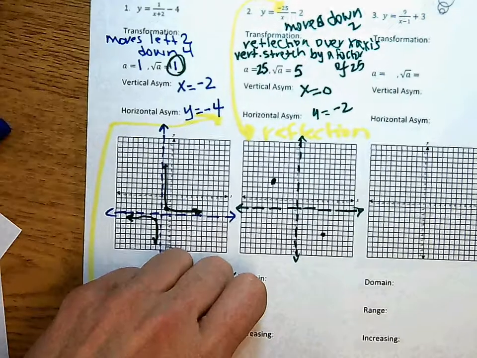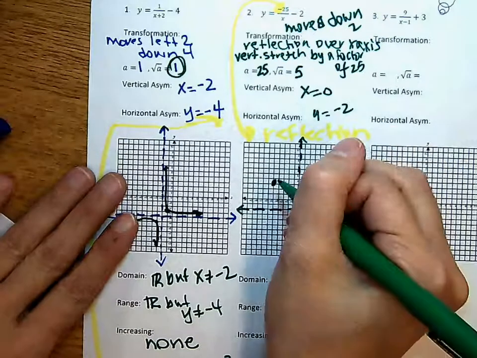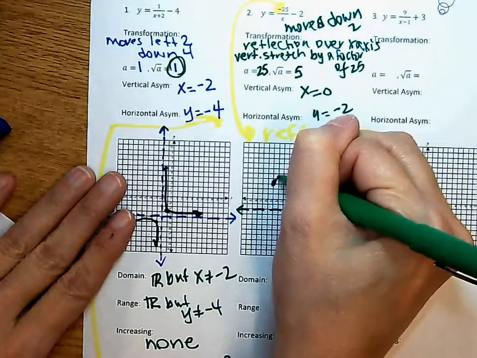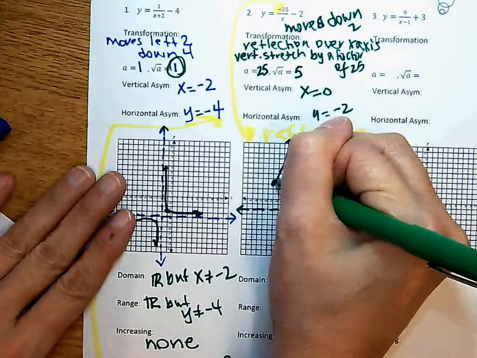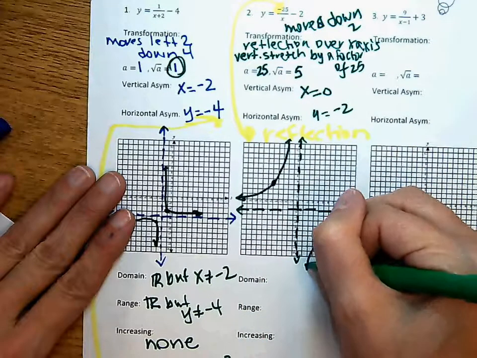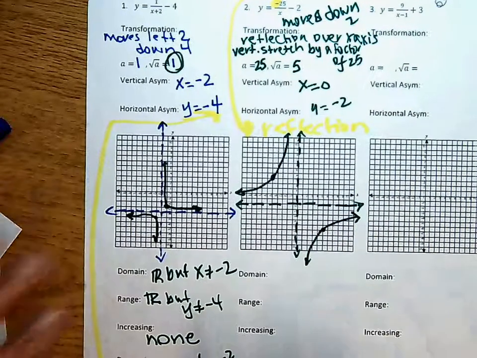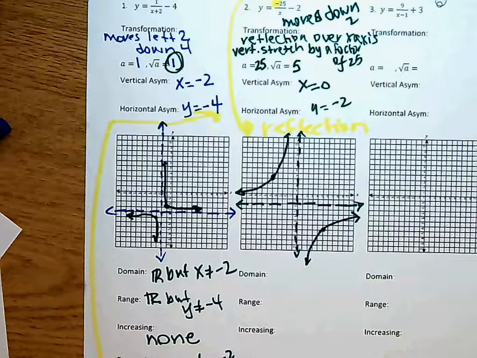And there's that one. Now you're going to draw your smooth curve. So it's going to be approaching like this and approaching like that. You don't want to get a what? A bird. Don't get a bird.